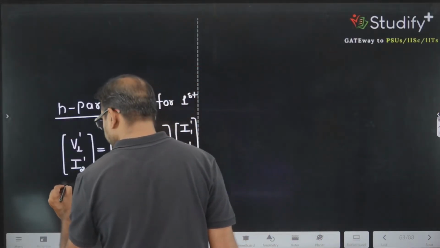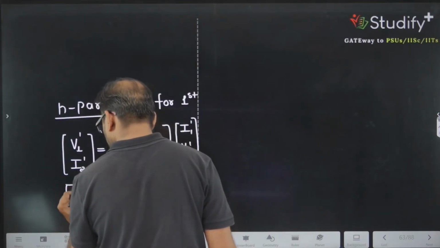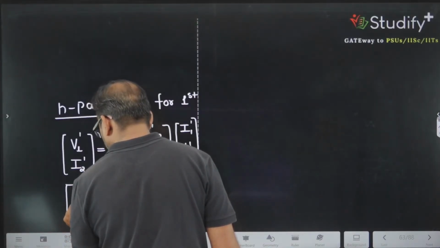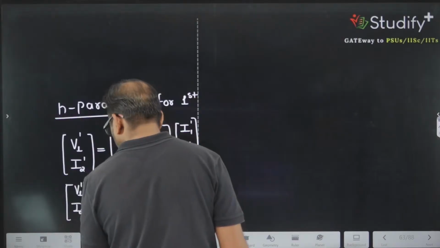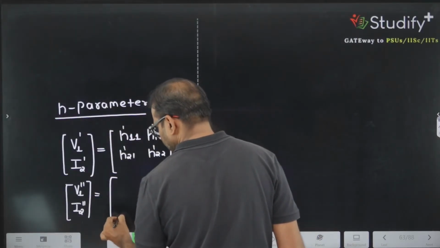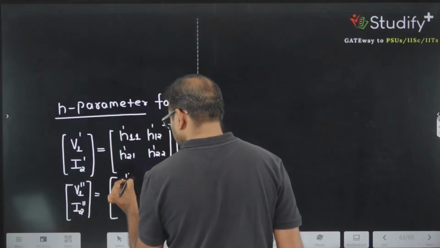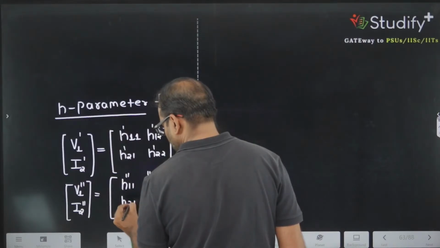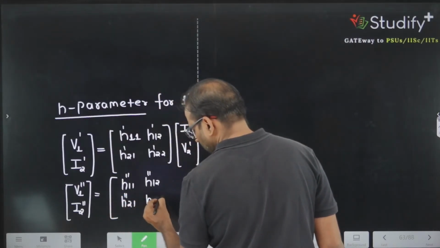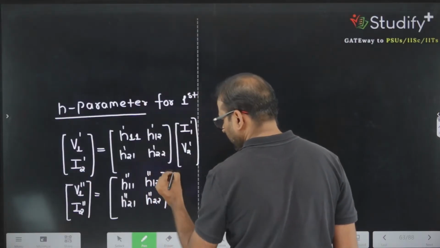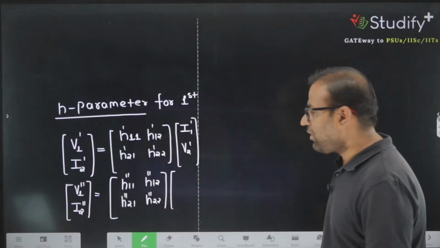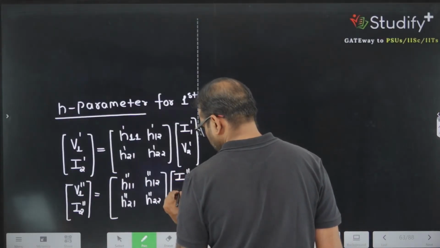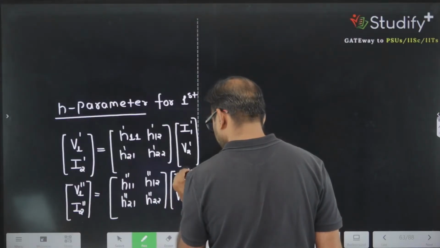You can say V1 double prime, I2 double prime is equivalent to H11 double prime, H12 double prime, H21 double prime, H22 double prime times I1 double prime and V2 double prime. Correct?